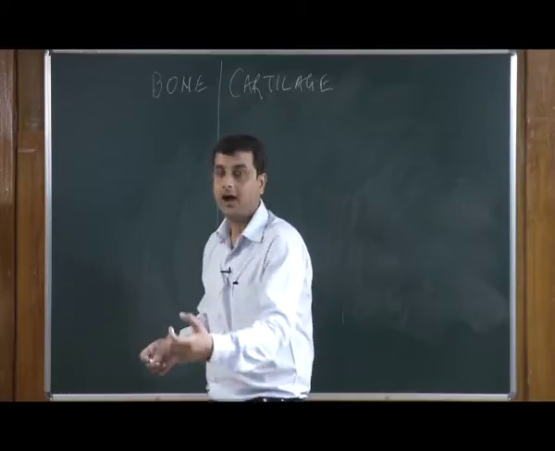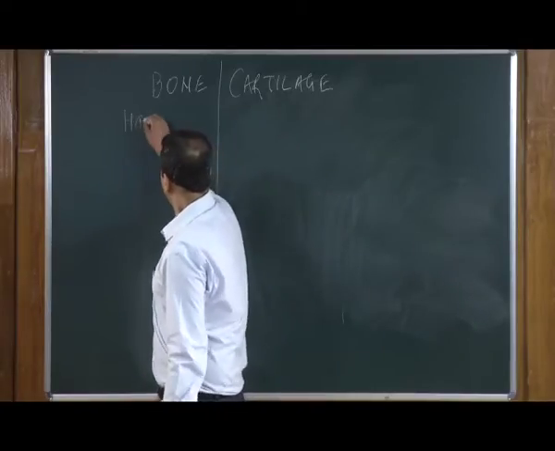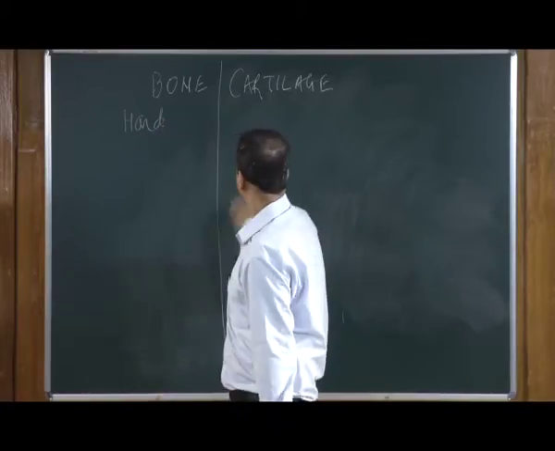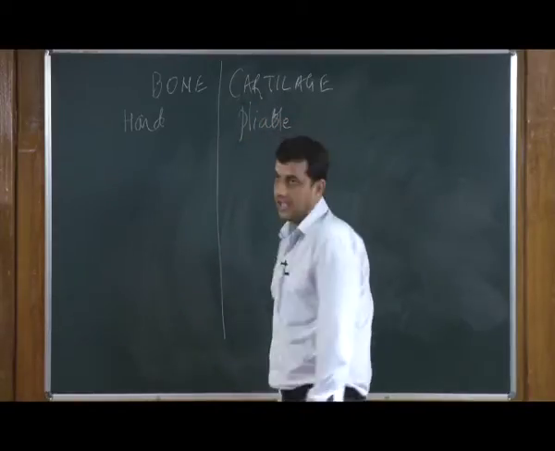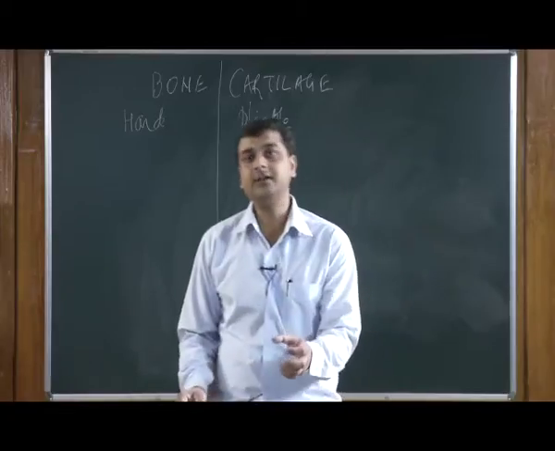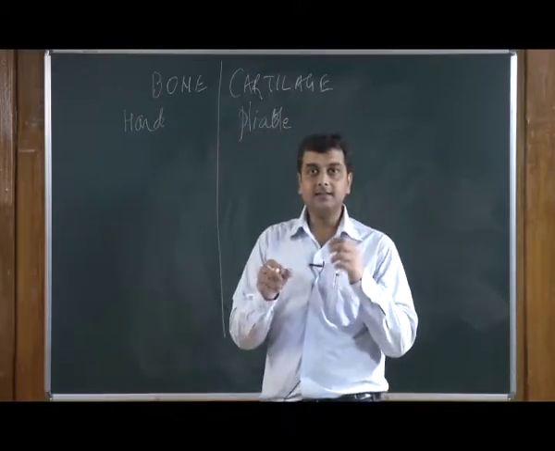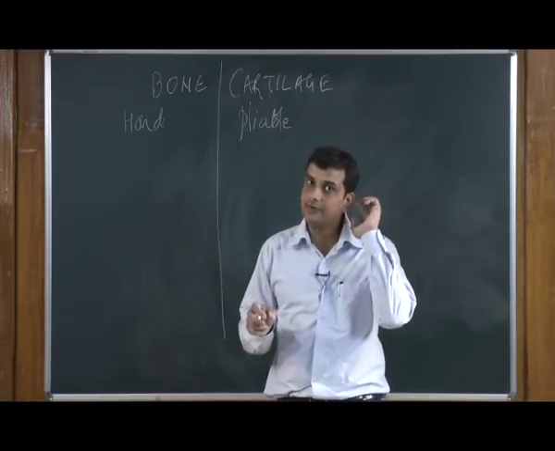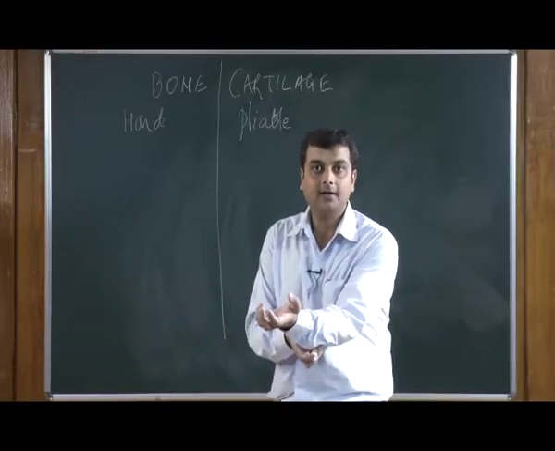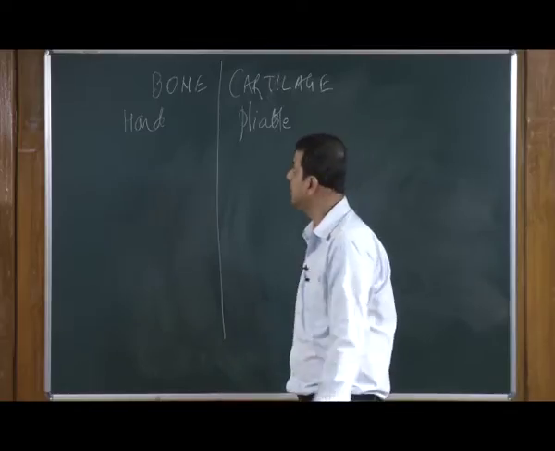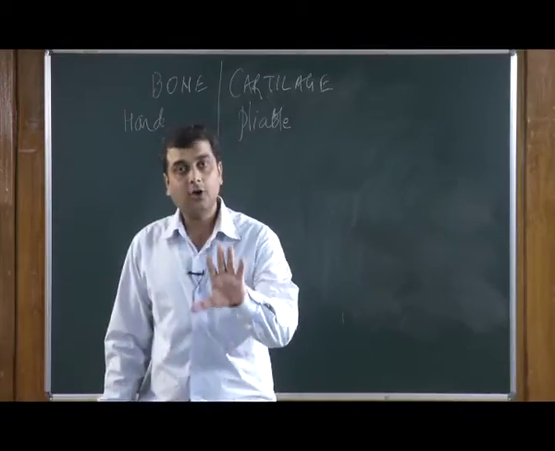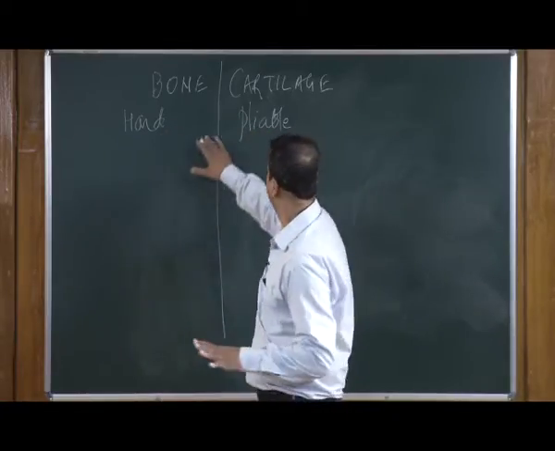So, bones are very hard, while cartilage is very pliable, very soft in nature. One can nicely see that this is very soft, while this is very hard. So, this is bone and this is cartilage, one example of cartilage, right. So, we have the normal appearance, the hardness and the pliability.